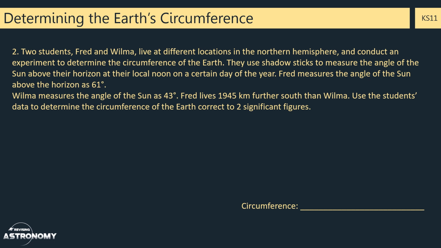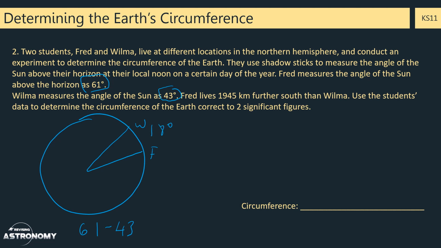So the first thing that we need to do is work out the angular difference between Fred and Wilma, which we can simply do by measuring the difference between the two degrees. So 61 minus 43 degrees means that they live 18 degrees apart.